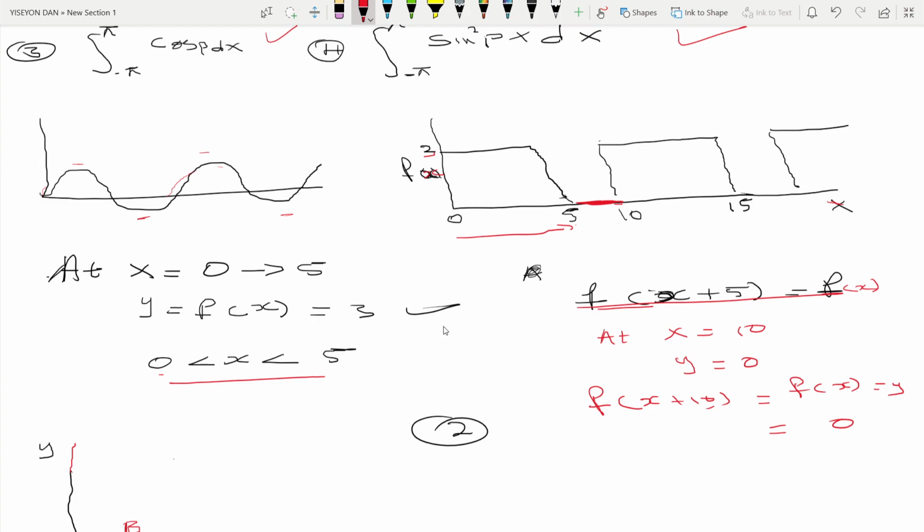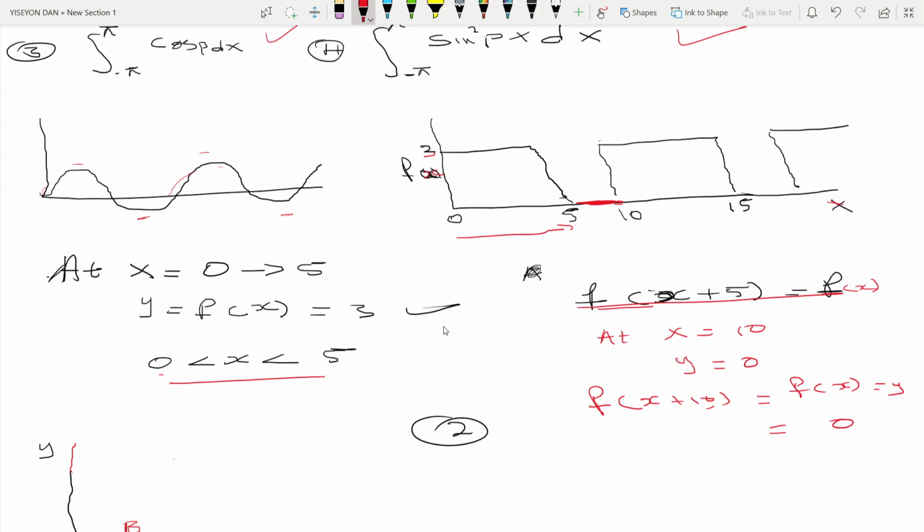Look at the diagram, we have a rectangle. So the point at which we have a new point starting up, that's where our period lies. So our period is equal to 10, and the point at which it is equal to 10, it is f of x equals 0, which is also known as the range. So that is the first part.